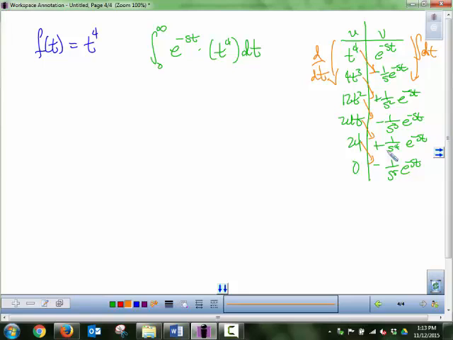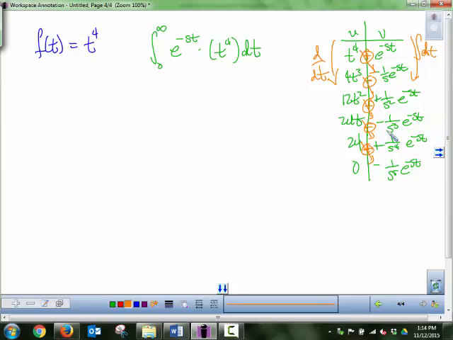And each time you apply your integration by parts, you introduce a negative. So it's uv minus v du business, so you introduce a negative. So the first one's going to be positive, and then you're going to have alternating signs here.